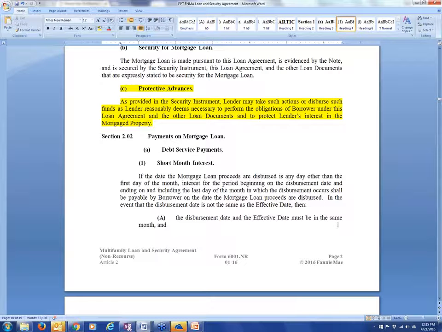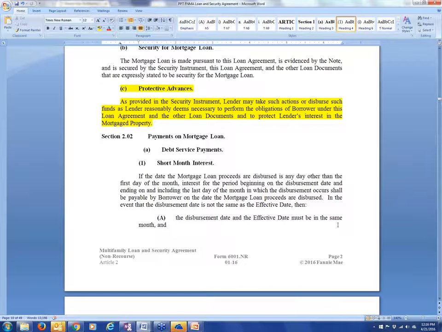As provided in the security instrument, lender may take such actions or disburse such funds as the lender reasonably deems necessary to perform the obligations of the borrower under this loan agreement and the other loan documents, and to protect the lender's interest in the mortgaged property. Oh, that's nice. Oh, that's so swell of them. But what does that really mean?